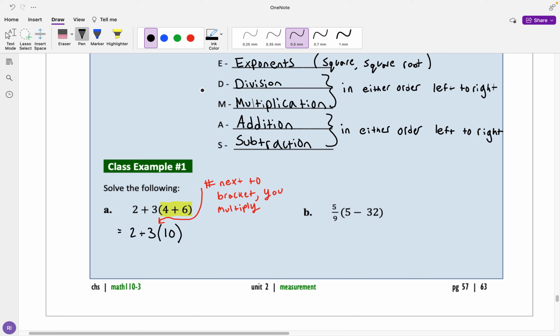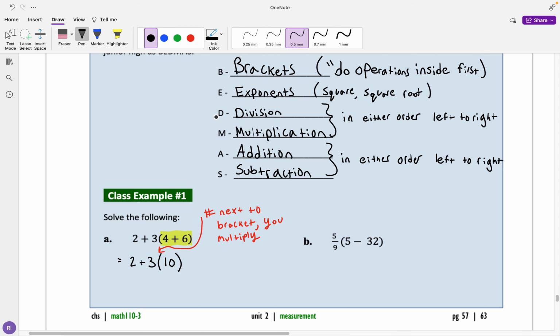So when I look at my order of operations, I've completed the operations inside the brackets. There are no exponents, so I'm down to the division and multiplication, which means that is the next operation I see. 3 times 10, which will give me 30. And finally, we'll add 2 to get my answer, 32.